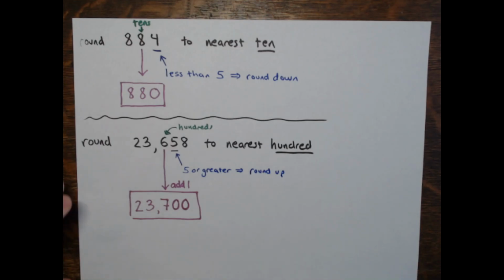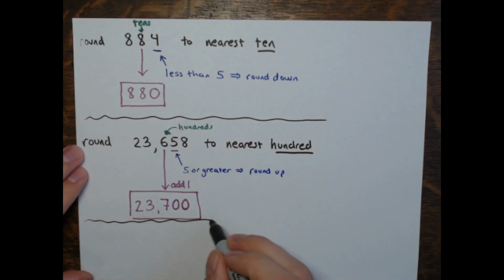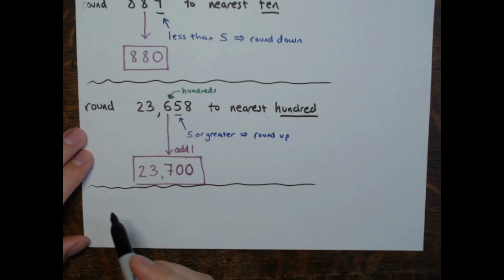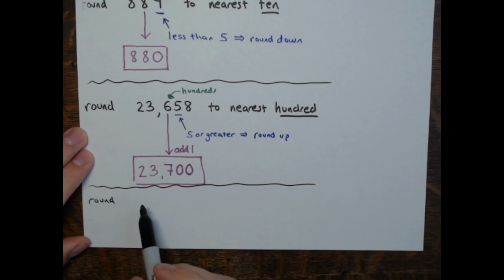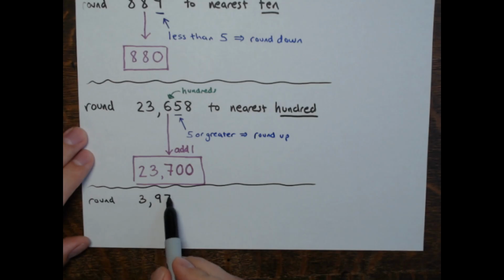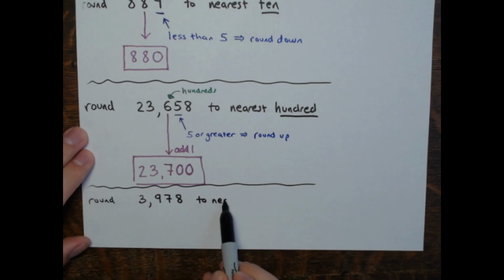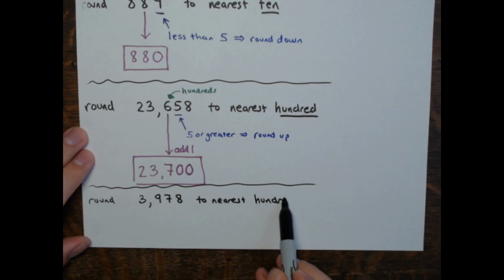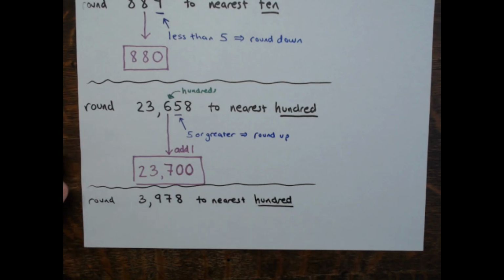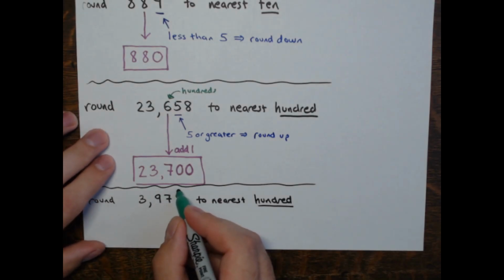And then part B was the same thing, round 3,978 to the nearest hundred. So again, I locate the digit in the hundreds place, which is this 9 here.